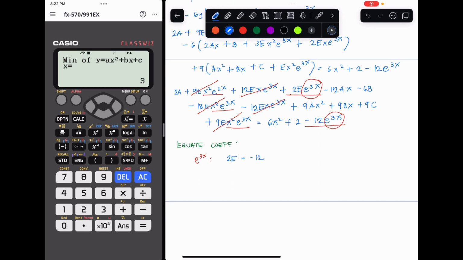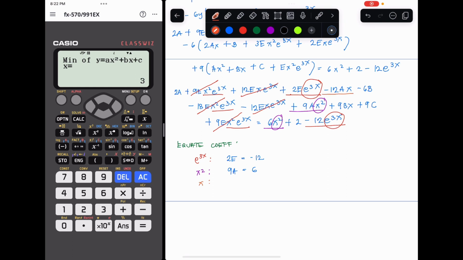And then after that, let's proceed with the term involving x squared. So the term involving x squared is this, x squared, and then this one as well. So thus giving us 9a is equal to 6. The next term, we have the term involving x.